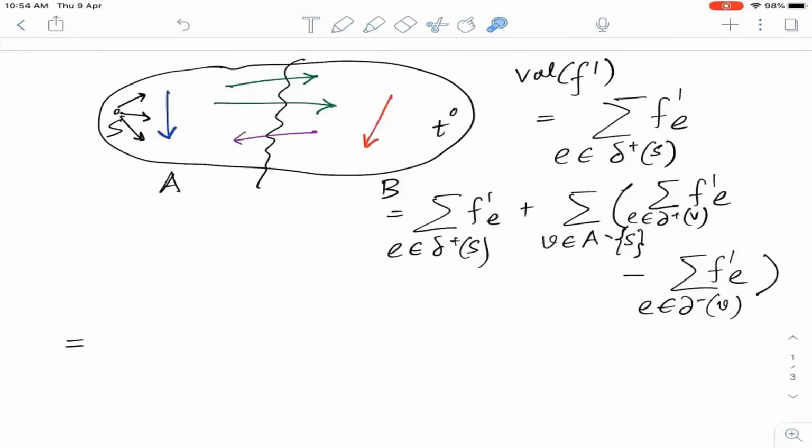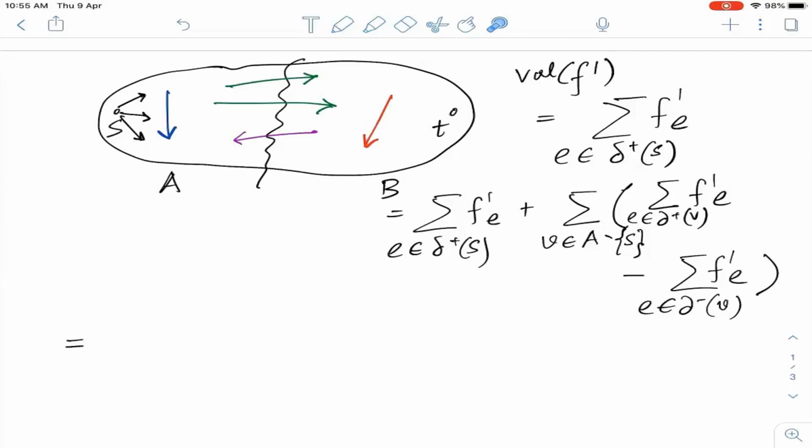Now let's talk about the blue edges. In this summation, how many times does this edge appear, and with what signs? How does a flow on a blue edge behave in this summation is what I'm asking. Do they contribute anything at all? Very good. The answer is it appears twice, once with a plus sign and another time with a minus sign.